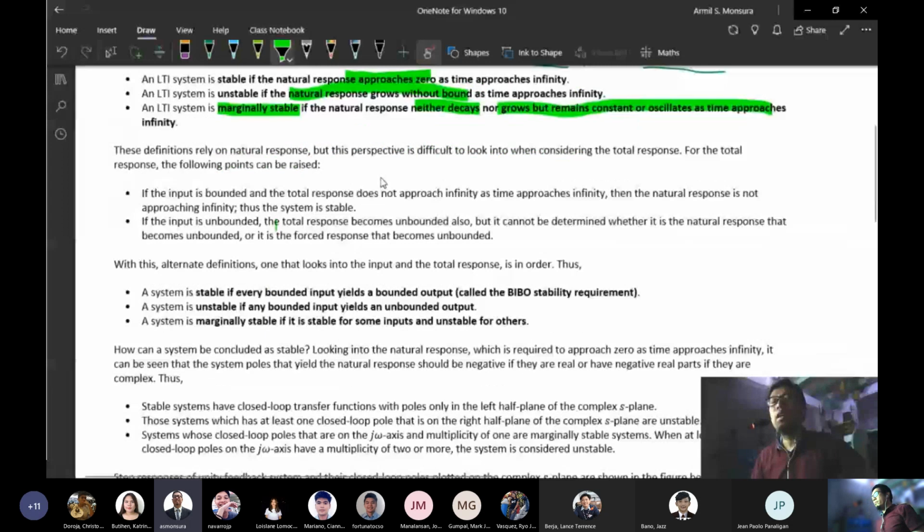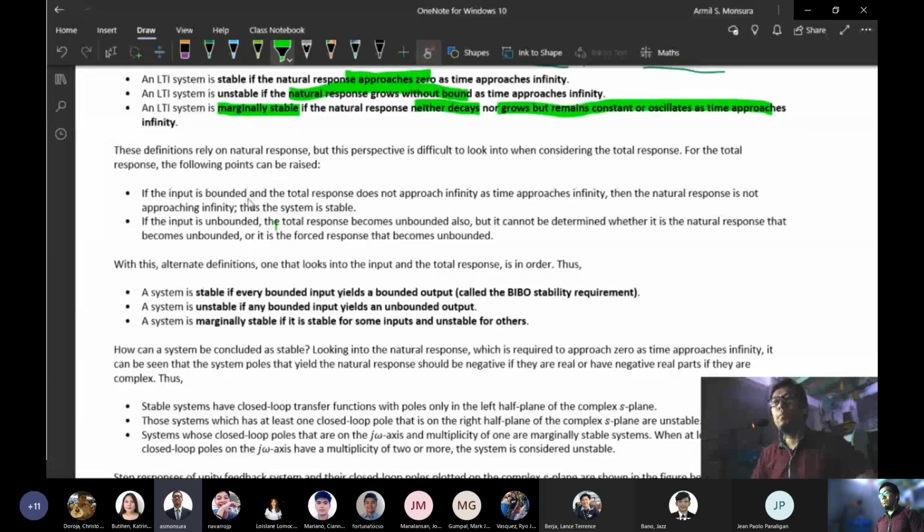A more practical way to actually measure yung stability ng system ninyo is to look for the total response, kasi mas na-measure natin directly yung total response ng system ninyo.